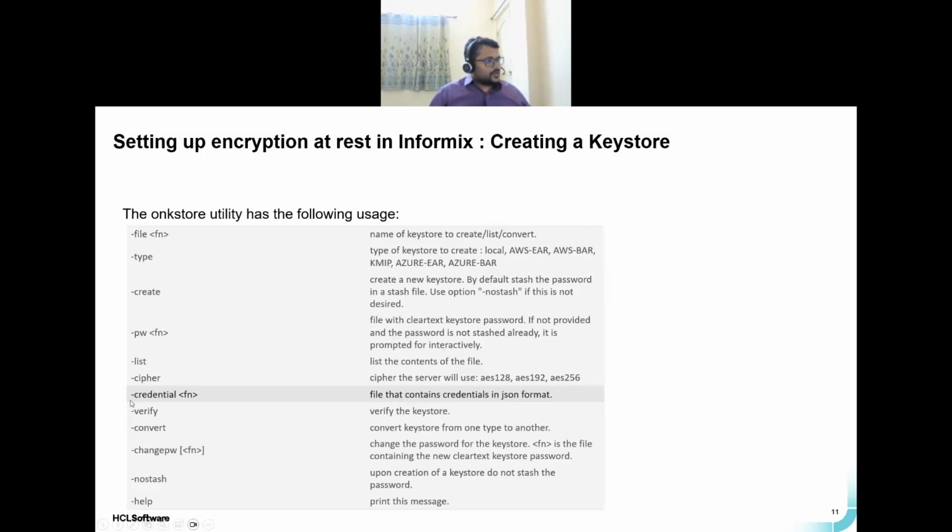And this credential option: we can give the credentials of how to connect to the KMIP server, Azure services or AWS services. And -verify option to verify the key store, and -convert to convert the key store from one type to another, but we support only limited key stores here to convert from one to another.